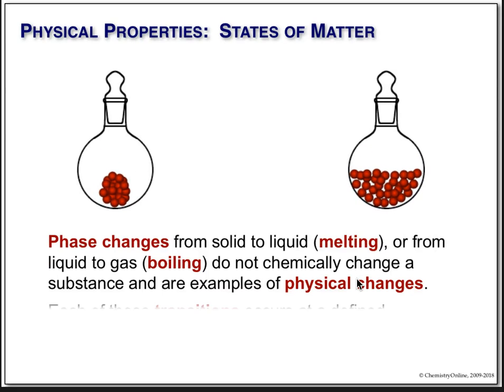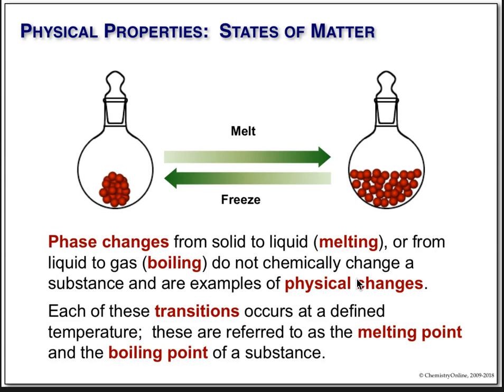We can go from solids to liquids. That's called melting. This will happen for a solid at a given temperature. We call that the melting point. Every substance that we know of has a unique melting point. You can see why in a minute, but the melting point is a unique physical property of a substance.